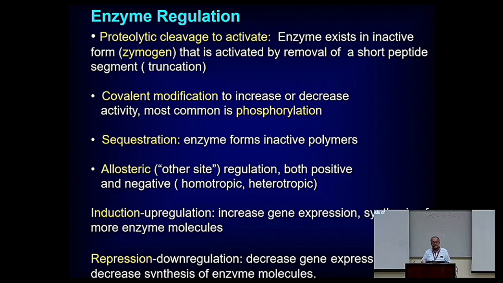Typically, the most common type of covalent bond is the addition of a phosphate. That phosphate typically comes from ATP, and you need an enzyme to add that. So you need a protein kinase. That's the class of enzymes I mentioned in the beginning of this chapter.